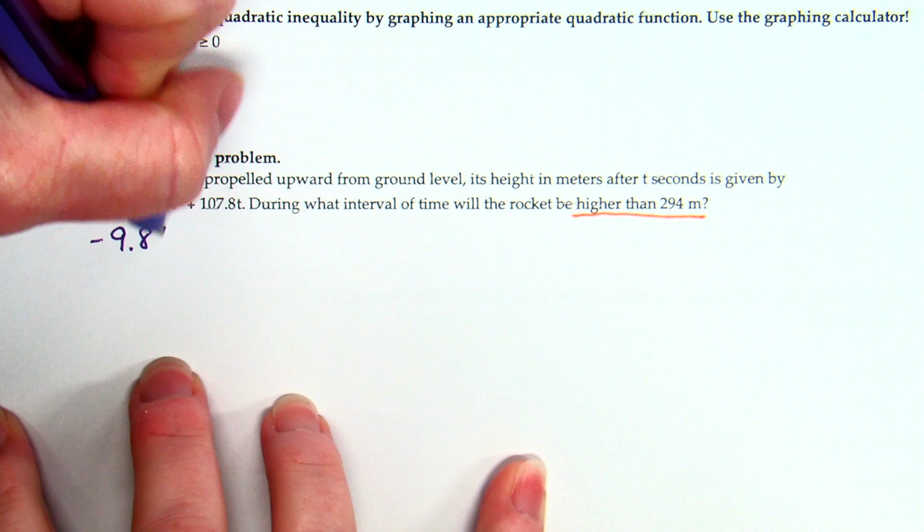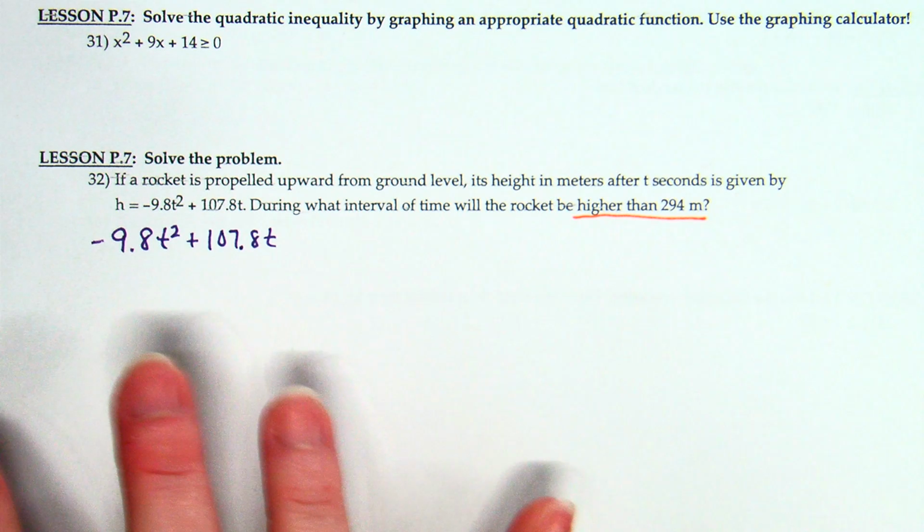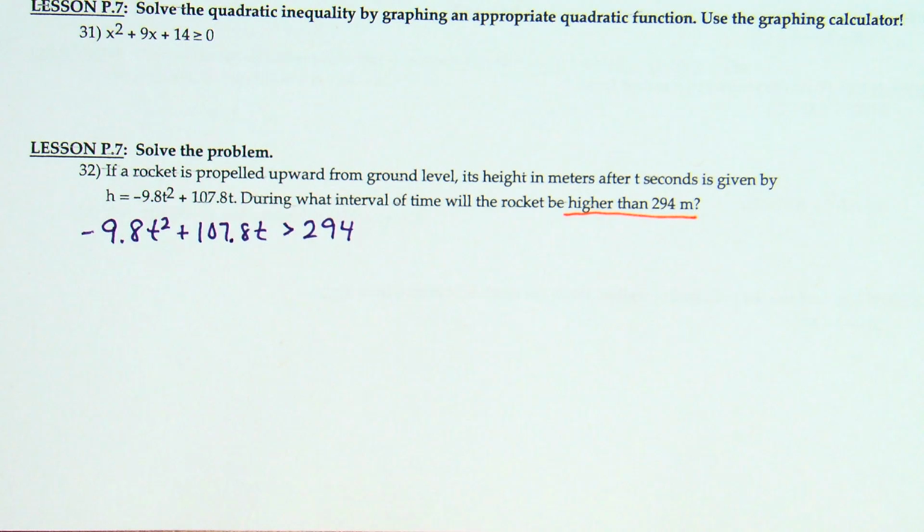I'm going to say negative 9.8 t squared plus 107.8 t, and we want to know when it's going to be higher than 294, so greater than 294. In the book, you had 3 parts: equal to something, less than something, greater than something. Here, we're just going straight for one answer.